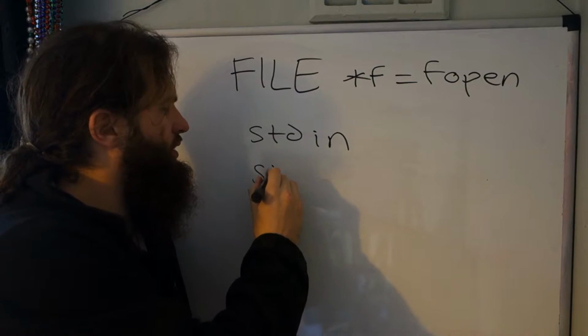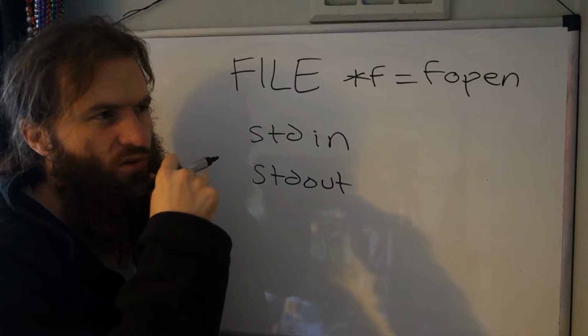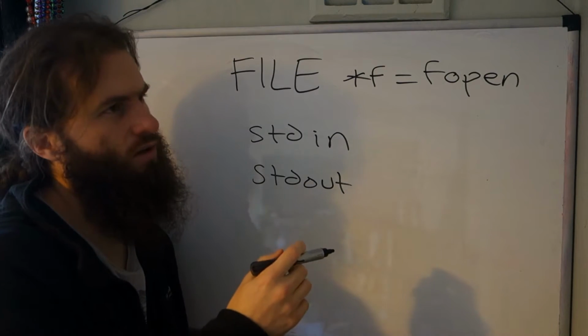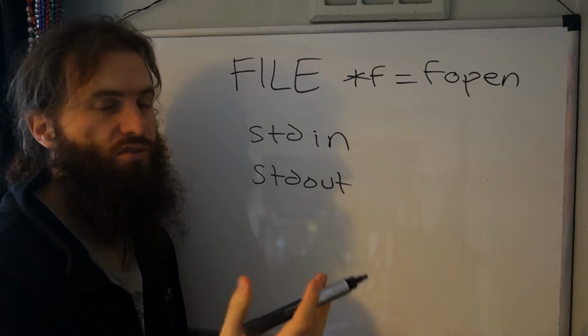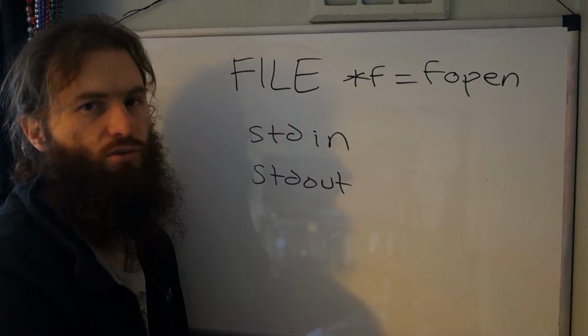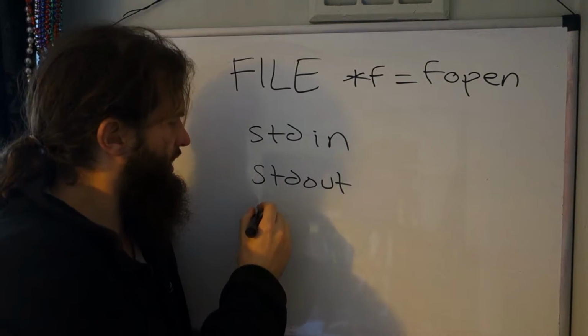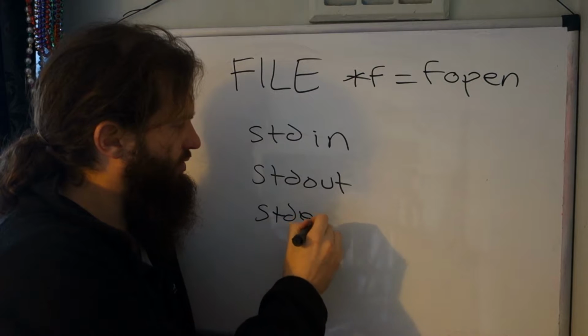There is also standard out, which again is line buffered. So if you write a few characters to standard out, you won't see them until you send a newline character, or until you explicitly call flush, which will send those characters. And there is standard error.